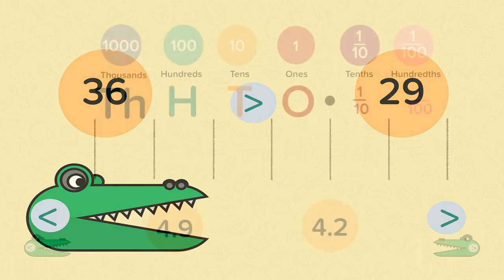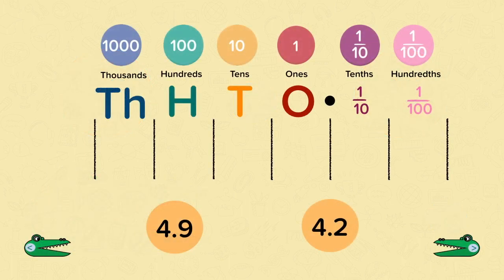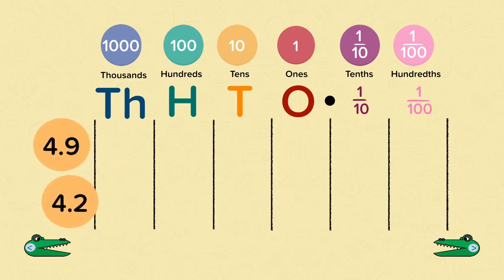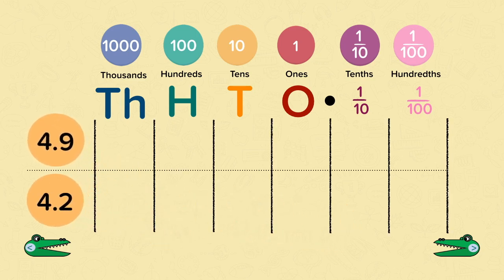Now let's have a look at how you can compare decimals. We've got these two decimals here, 4.9 and 4.2. Let's represent them with counters in the place value grid so that we can compare them easily. So, we put them in the grid here. Let's start with 4.9. That's got 4 ones and 9 tenths.